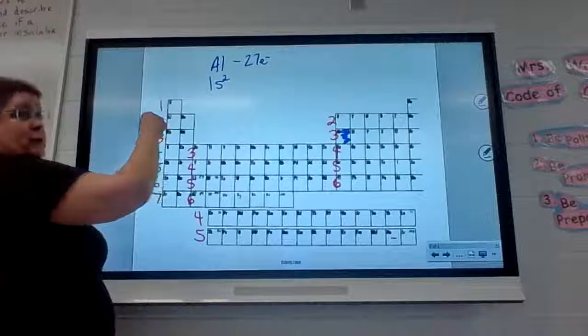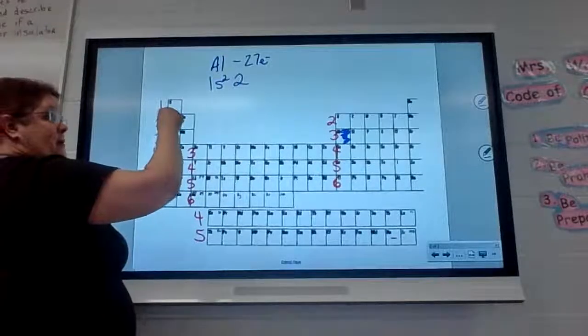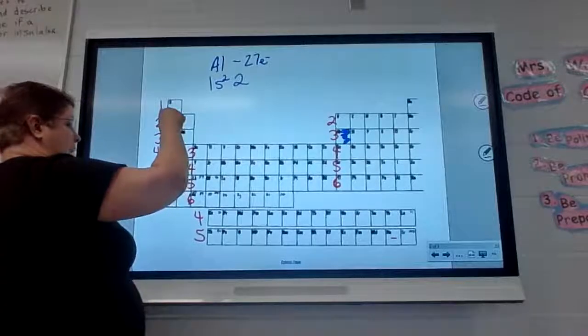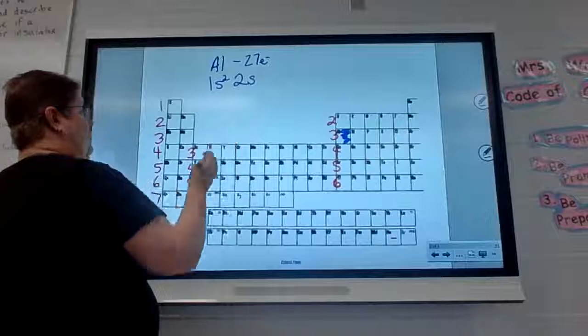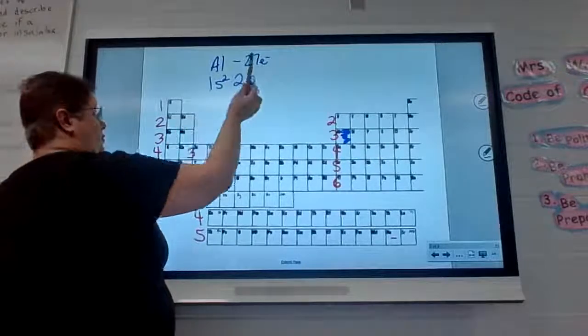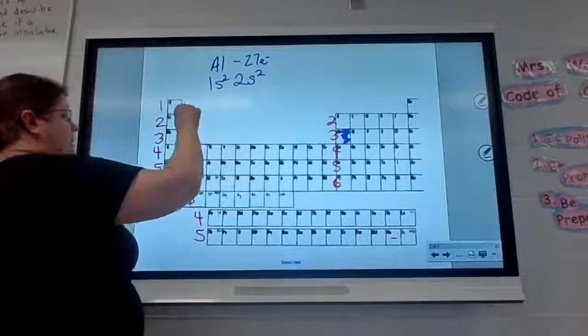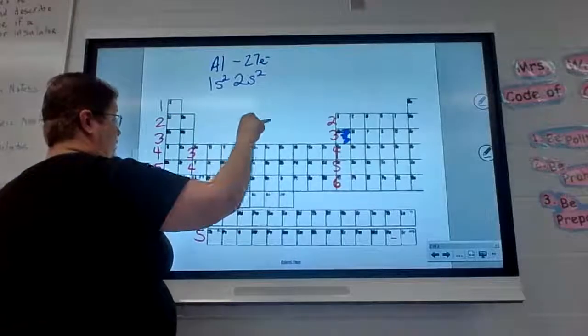What number do I have? 2. What block is this? S, P, D, or F? S. It's the S block, so we write S. How many elements do I have in the S block? 2, so I write 2. Now I'm right here. Where do I go? Across. We read all the way across to the left.